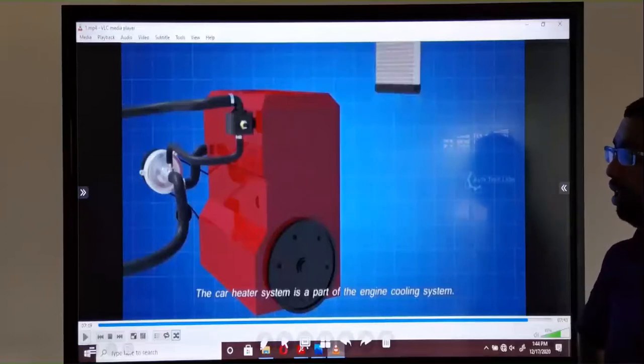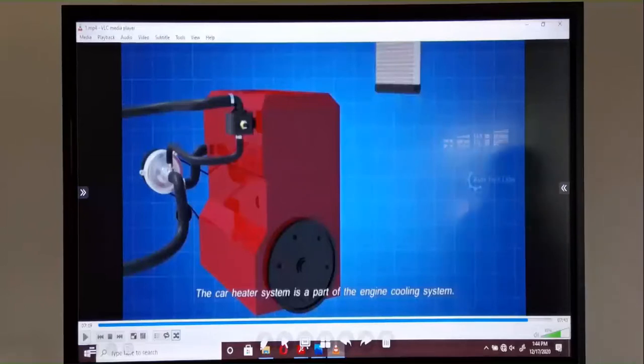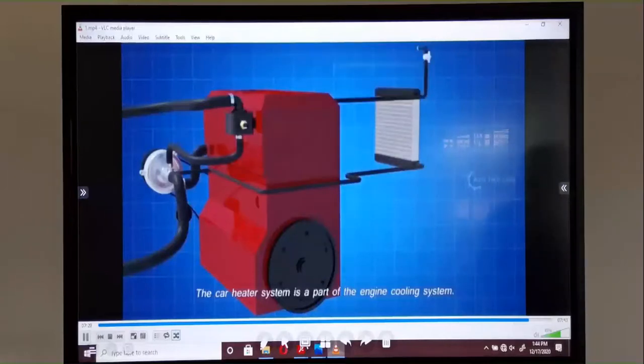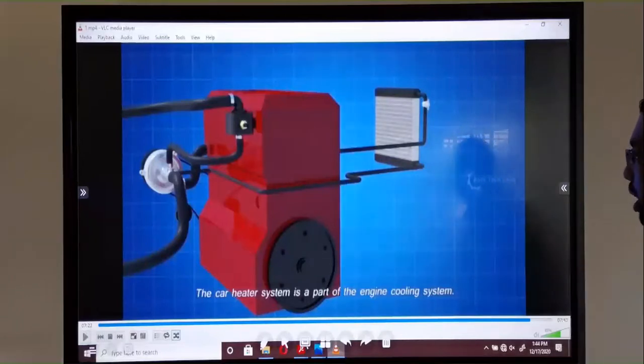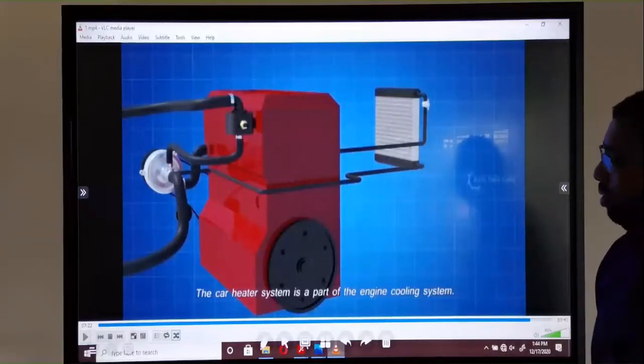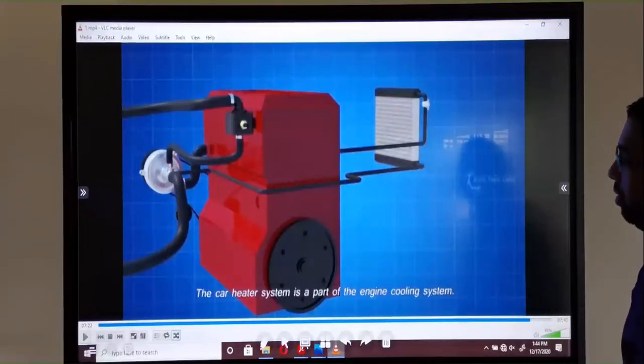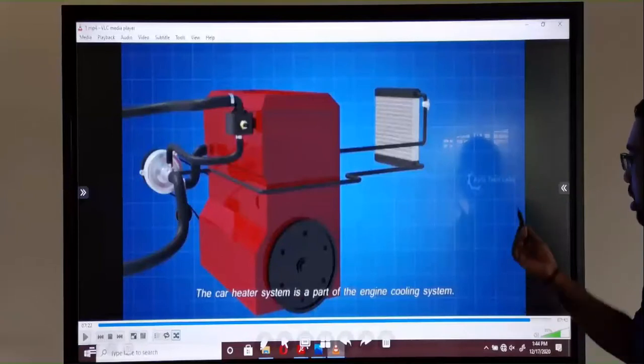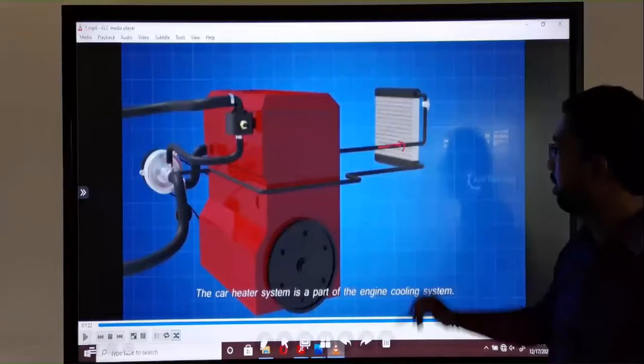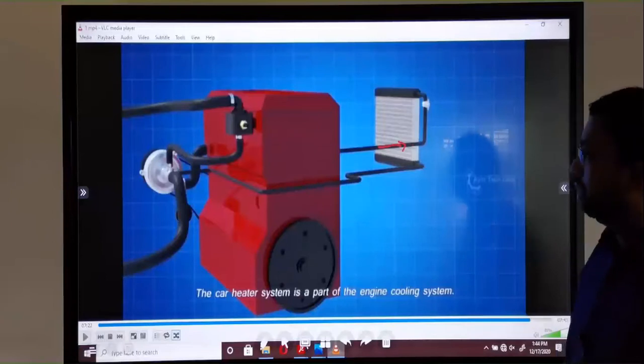How does this heater system work? Here you can see this is called the heater core. There are two pipes. This is an inlet pipe for the hot coolant.